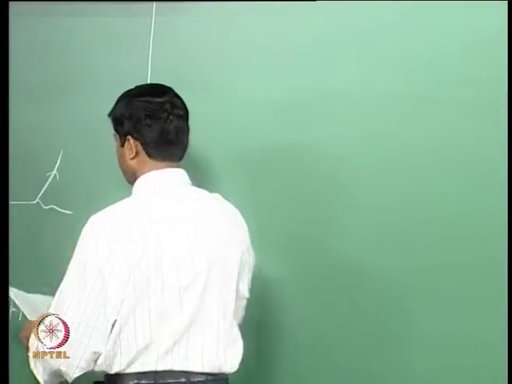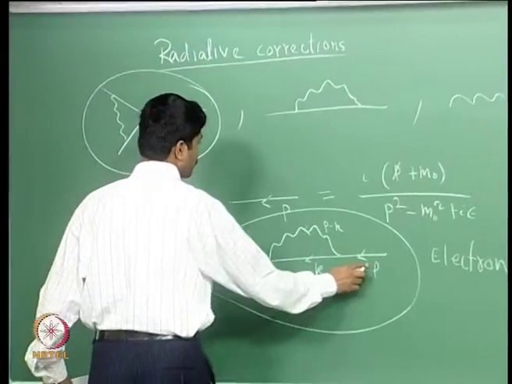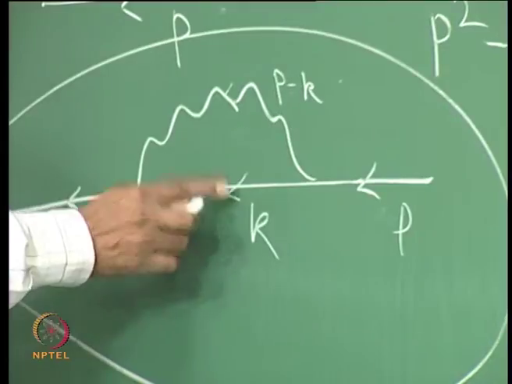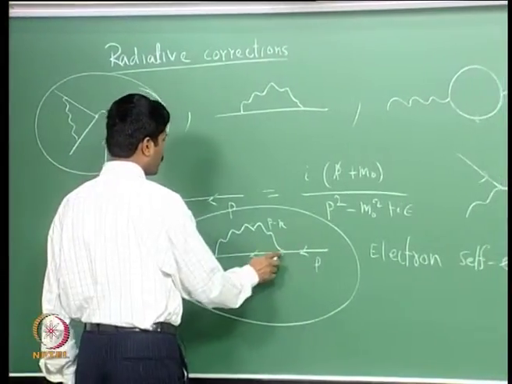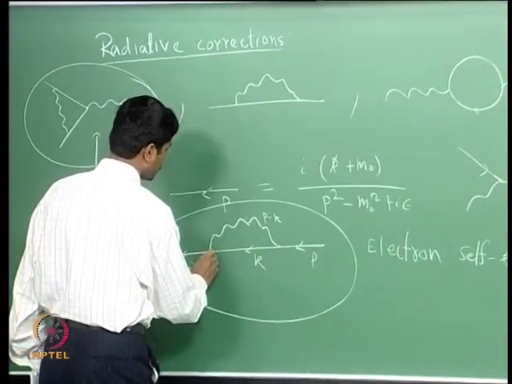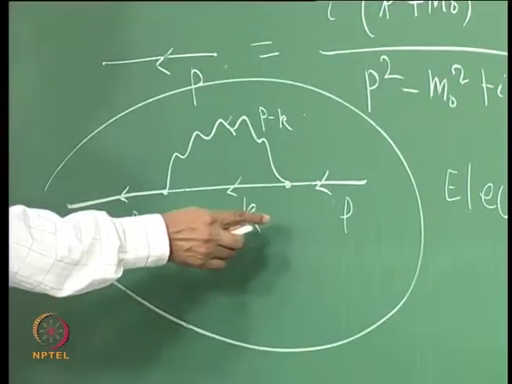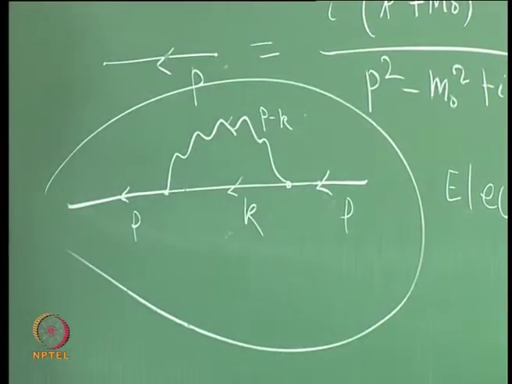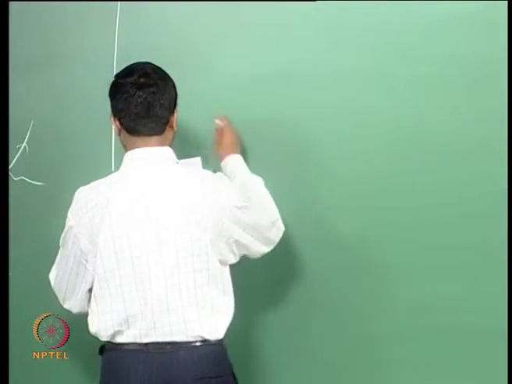There are two propagators here, and then there is this loop, which contains one fermion propagator and one photon propagator. So we have to write all these propagators and the vertex factors, and because there is a loop here, we have to integrate over the loop variable k. That is what is given here.